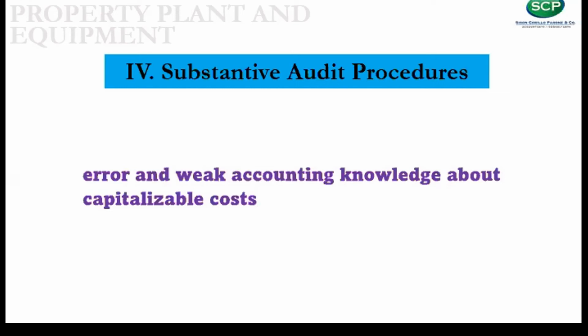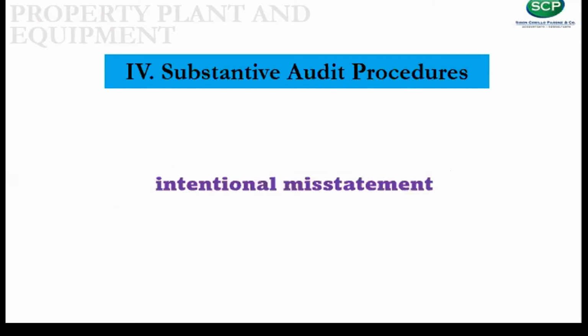Or it can also be possible that management intentionally charges certain capitalizable costs to the repairs and maintenance account to, for example, minimize the tax due from the company. In other words, the controls implemented by the company, as well as management intention, should be kept in mind by the auditors when reviewing the charges made to the repairs and maintenance account.